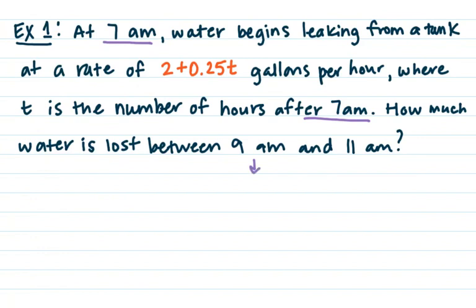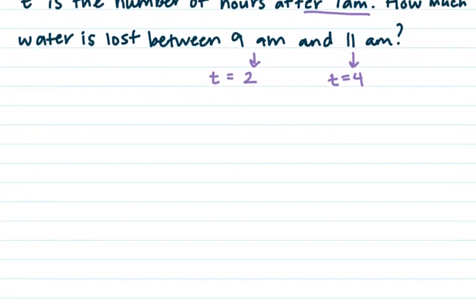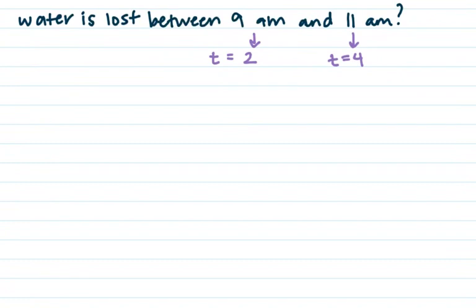So 9 a.m. is 2 hours later, and 11 a.m. would be 4 hours later. First we have to figure that out, because what we're about to do is find an integral, going from 2 to 4 of the rate, r of t dt.